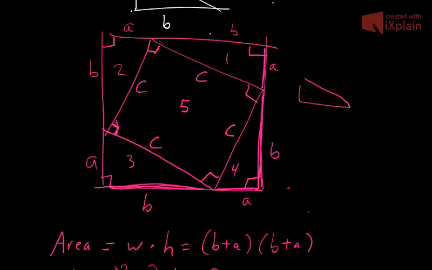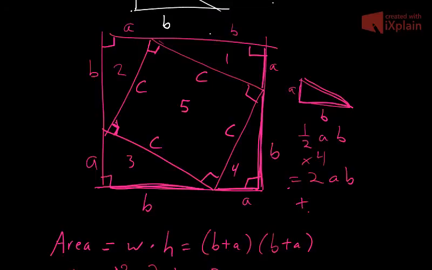If I've got a triangle here that is a tall and b long, the area of that triangle is 1/2 ab. Then I multiply that by 4, so times 4 equals 2ab. So my 4 triangles altogether give me 2ab, and I also have to add the area of this square here.